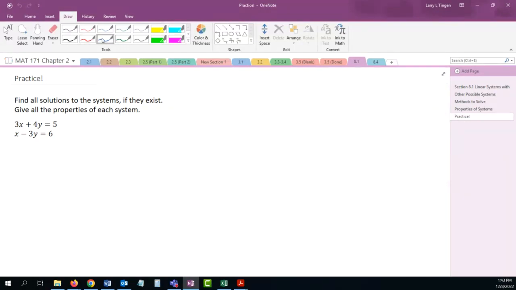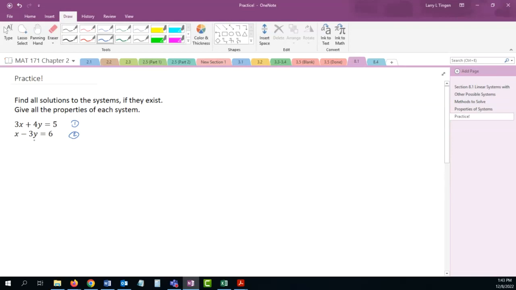All right, so equation 1 and equation 2 are here, and neither of them are already solved for one variable. So elimination or substitution, both are fine.